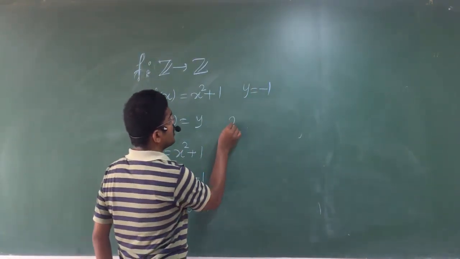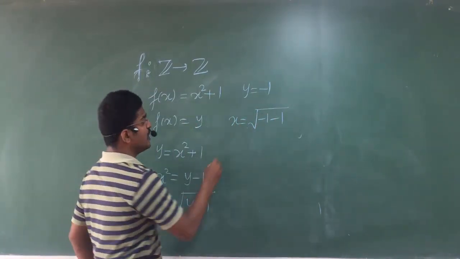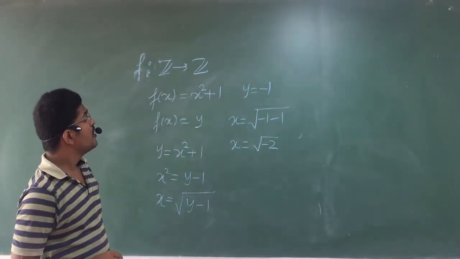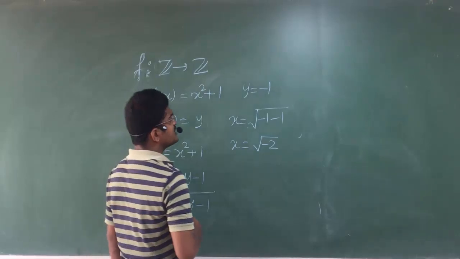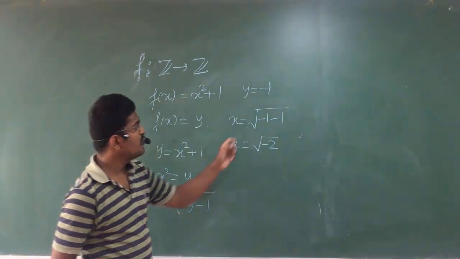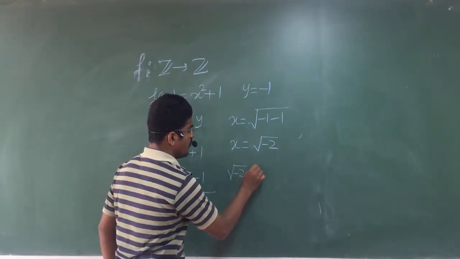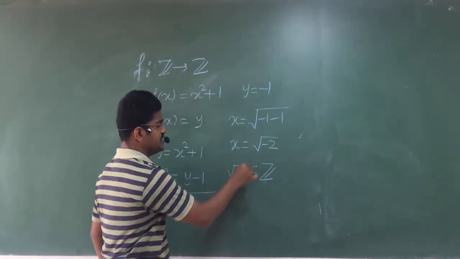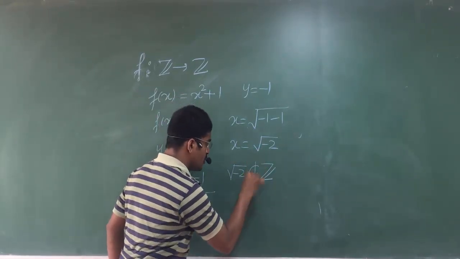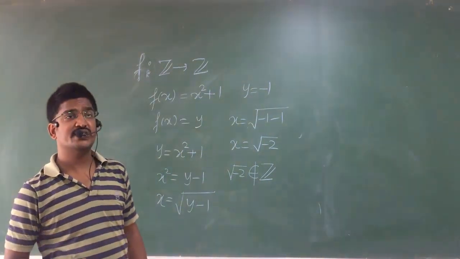Then x equals root of y minus 1, which is root of minus 2. So we know that root of minus 2 doesn't belong to integers. Clearly, root of minus 2 does not belong to Z.